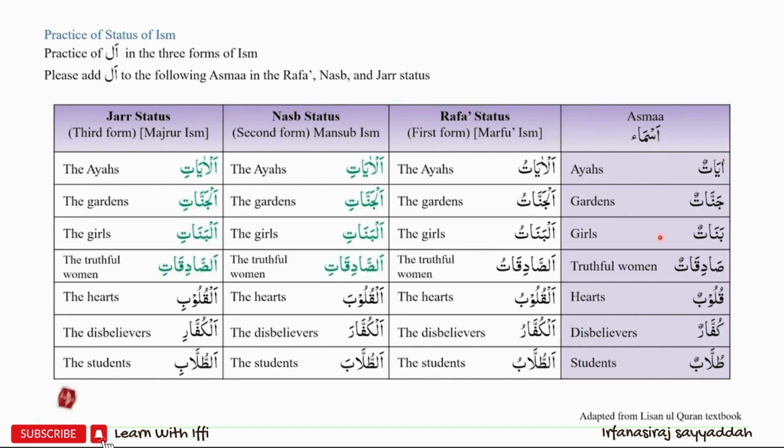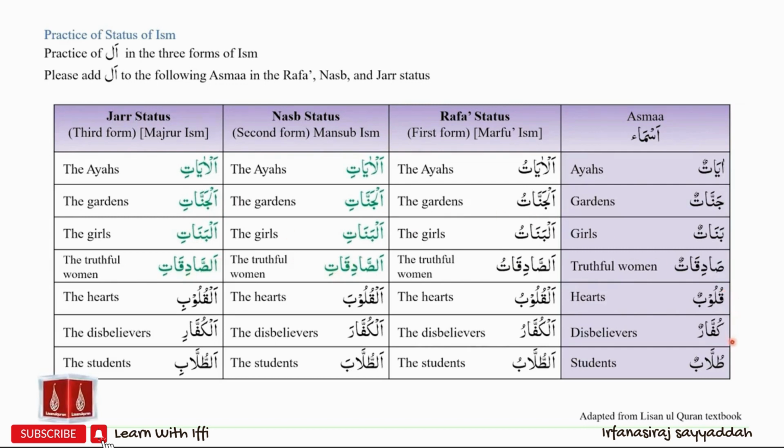These are all feminine non-broken plural asma. So after the addition of al, we will have the Rafa, Nasab and Jarr status on the pattern of atu, ati, ati.